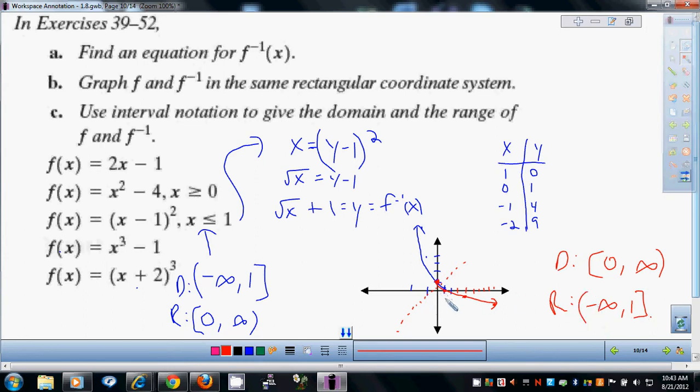Sure enough, range, negative infinity, all the way up until 1. Your domain and range will switch because your coordinates switch. That's the whole point of those problems, is to get you to notice that. And because it'll be every other region, you're only going to have to do 1 or 2 of them. So, that's good.